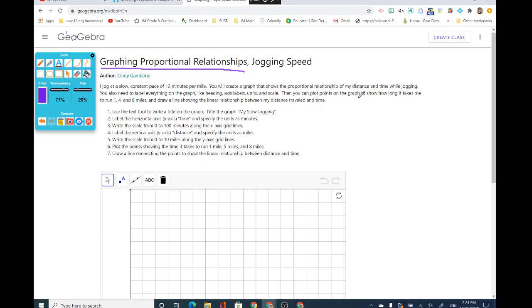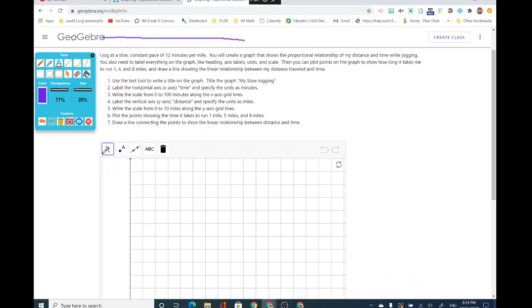Then you can plot points on the graph to show how long it takes me to run 1, 4, and 8 miles. And draw a line showing the linear relationship between my distance traveled and time. Okay, follow these steps here, 1 through 7, to complete the graph, and I'll give you some help.